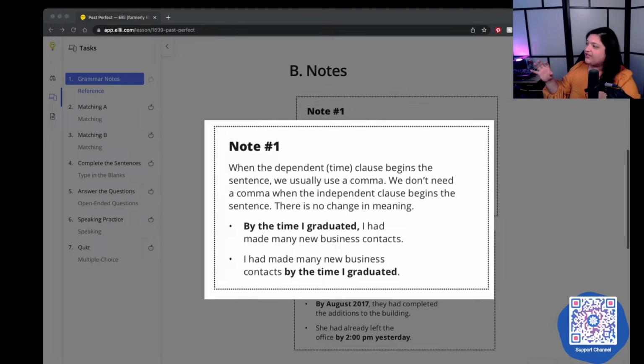So if you're going to start the sentence with the dependent clause, the dependent clause in this case is going to be conjugated in the simple past. Add the comma.